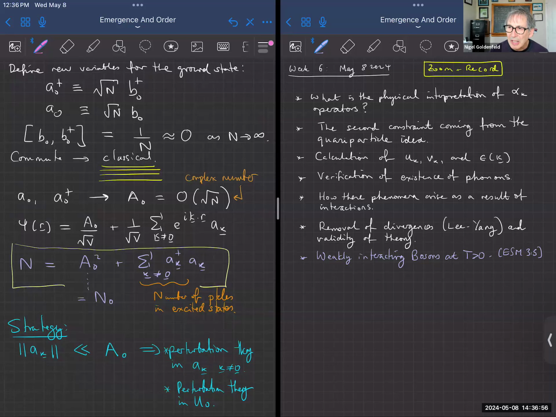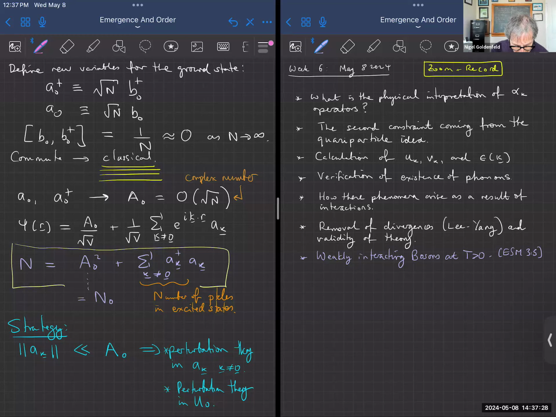So then we did something else, which was we pointed out that the condensate behaves like a classical field, even though we are starting off with a description in terms of quantum operators. And the reason for that is because you have macroscopic occupation of the ground state. And so what that means is that the operators that create and remove particles from the ground state essentially commute, as shown here on the top left.